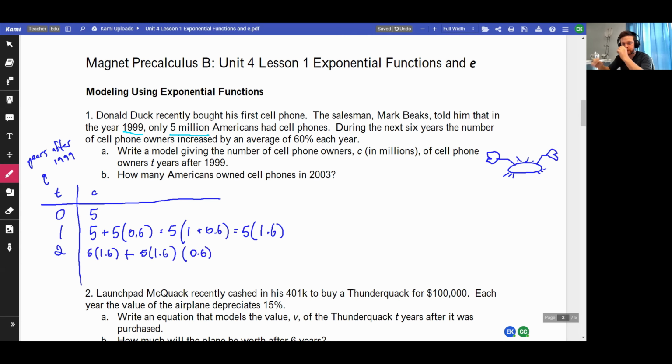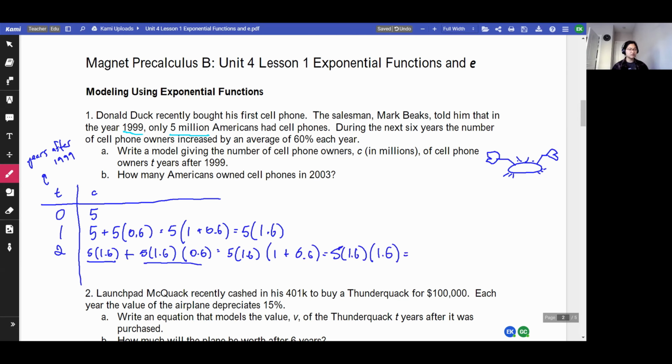These are all based on the previous year, not the initial year. I see 2 GCFs. There's a 5 in common, but there's also a 1.6 common in both numbers. By factoring, I take 5 times 1.6 out, and I believe I get 5 times 1.6 times 1.6.